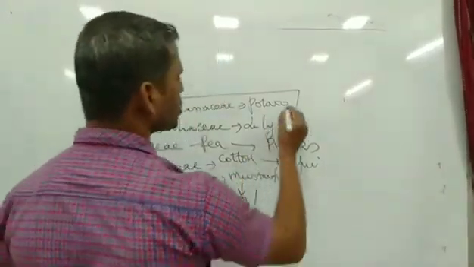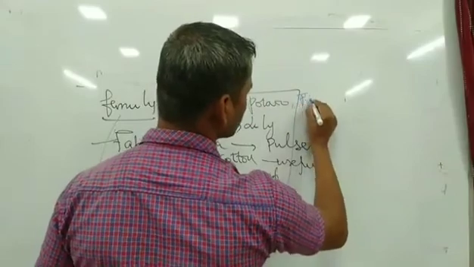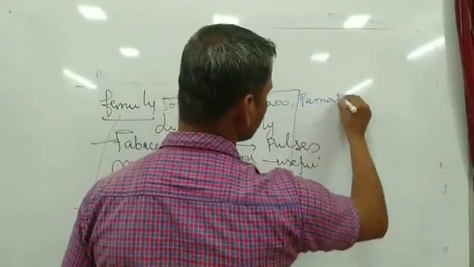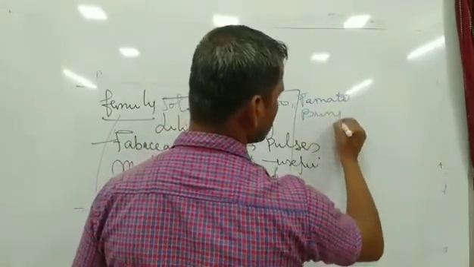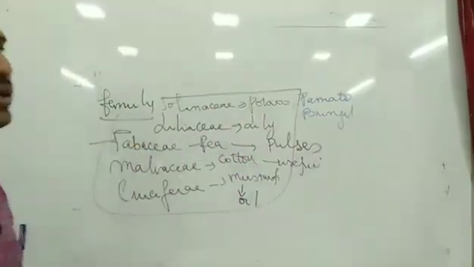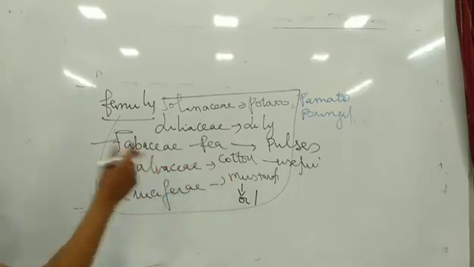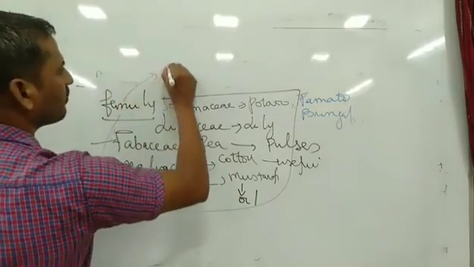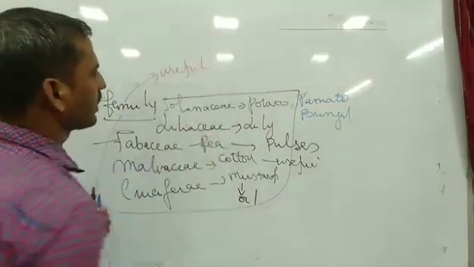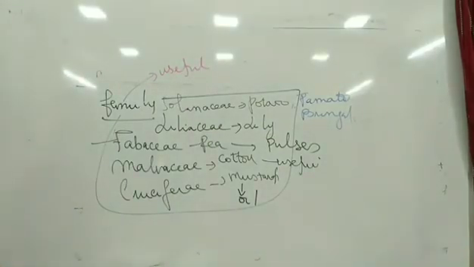Solanaceae includes potato, tomato, and brinjal. We need to know how they are useful to us.